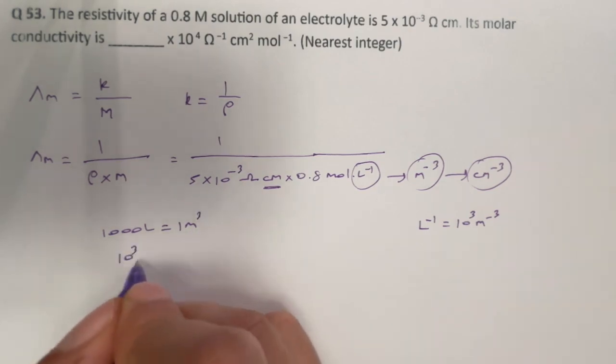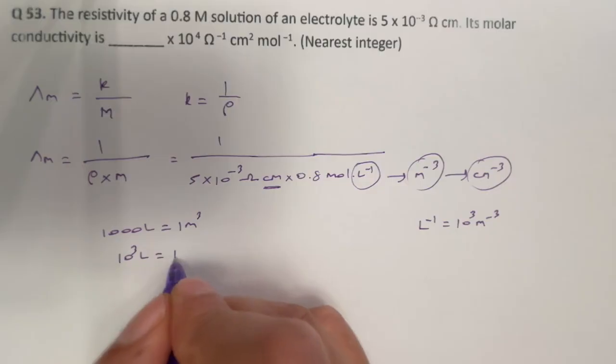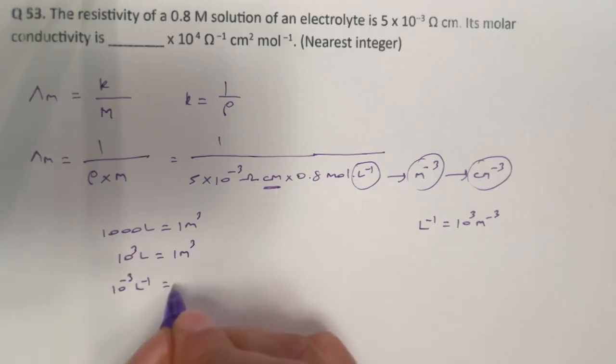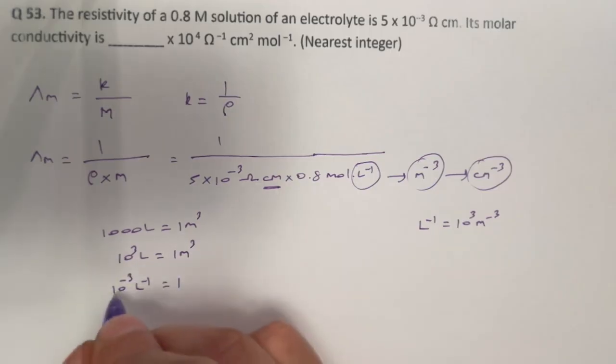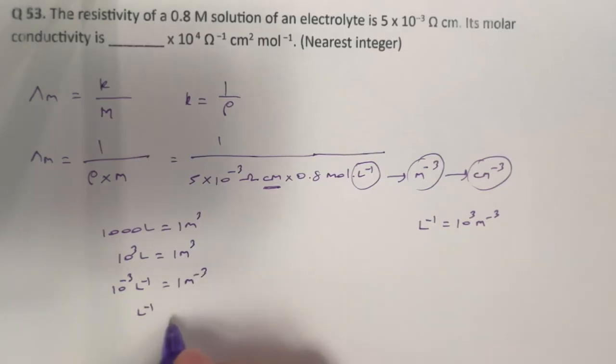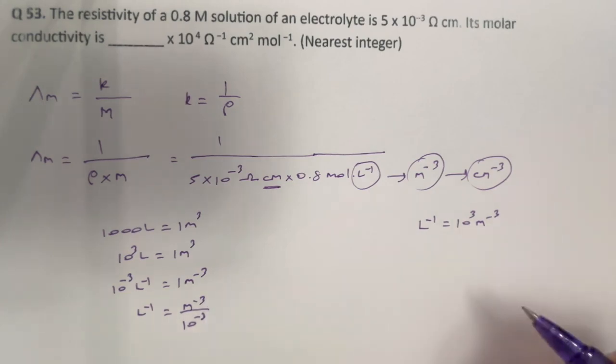So 10 to the power 3 liter is equal to 1 meter cube. If it is per liter, then we have to put minus everywhere. So therefore 10 to the power minus 3 per liter is equal to per meter cube. So therefore per liter is equal to per meter cube divided by 10 to the power minus 3. When this goes up, it would become 10 to the power plus 3. So that's what I have written here.